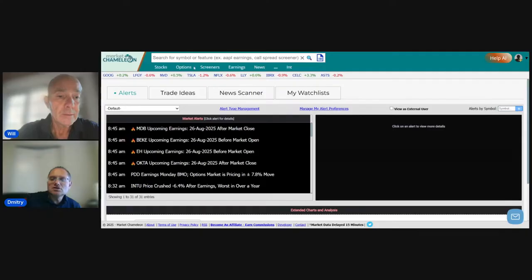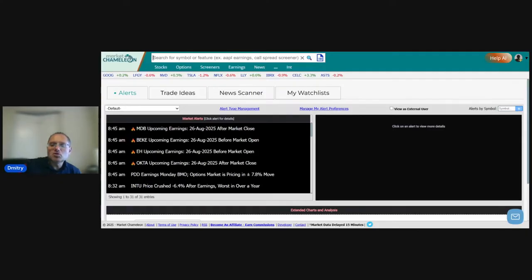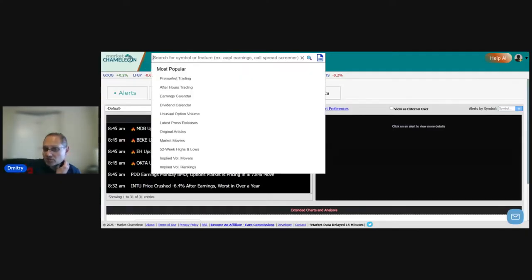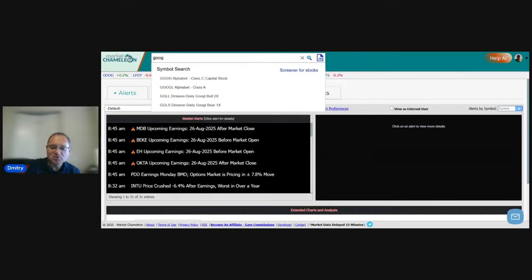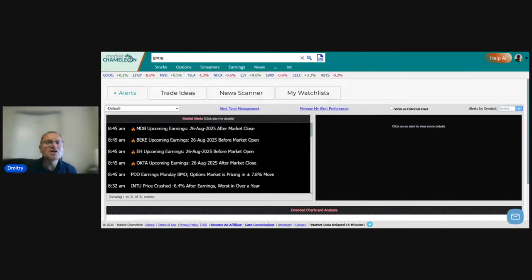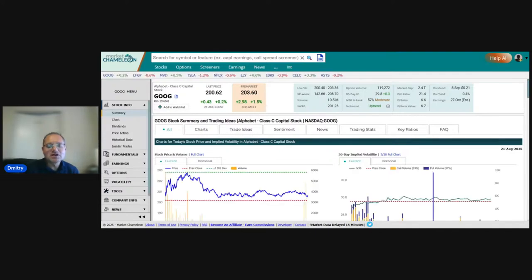Yeah, so let me show an example here, navigate to a page before we get started. So let's just use Google in our example because we've been using that as the default symbol.